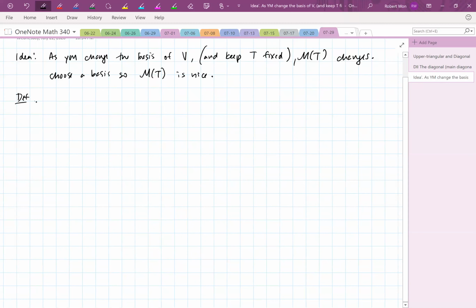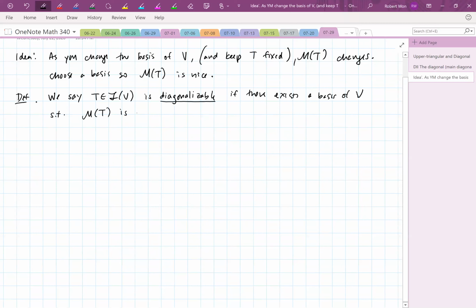So actually, this is really what's happening when you diagonalize a matrix, which you all learned how to do in Math 308. So we say a linear operator T on V is diagonalizable if there exists a basis of V such that M(T) is diagonal with respect to this basis.